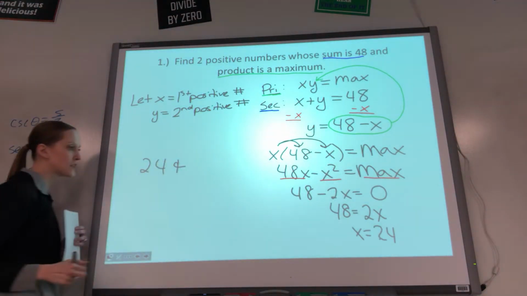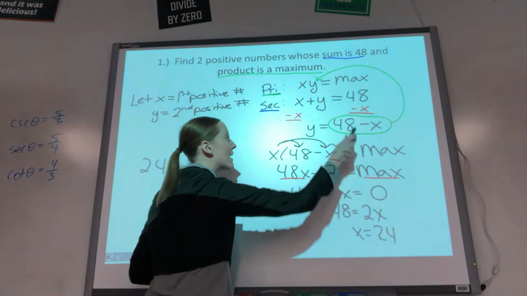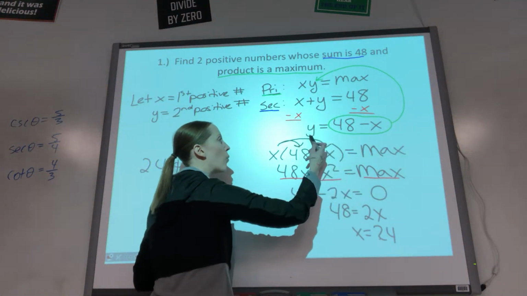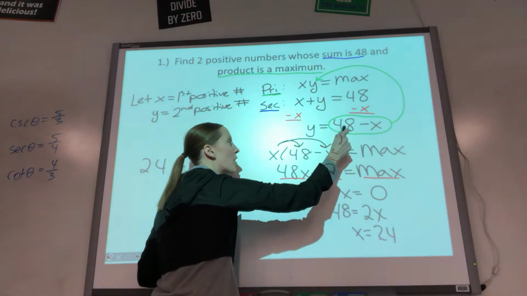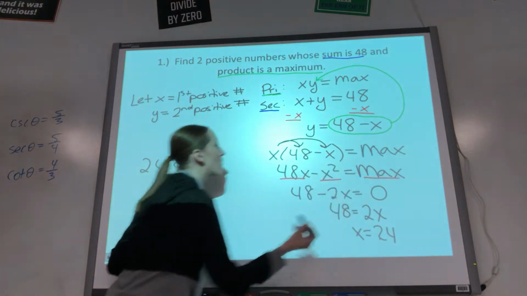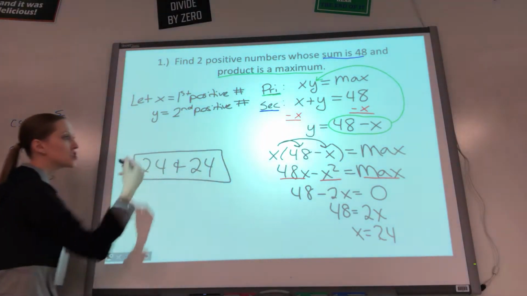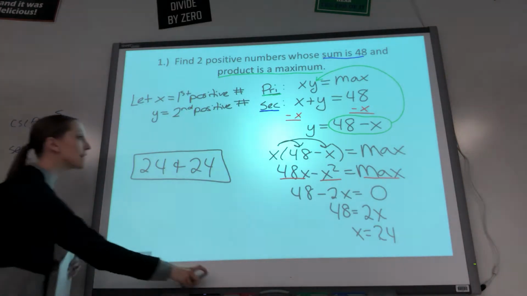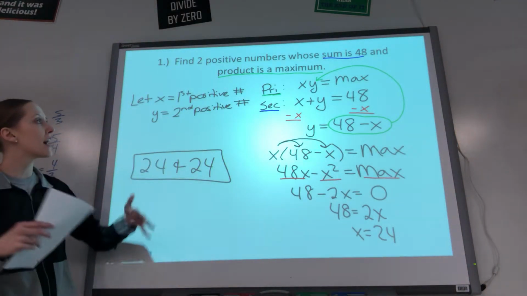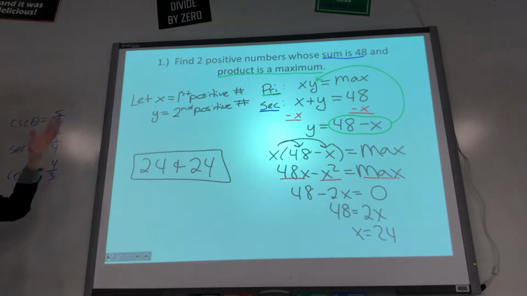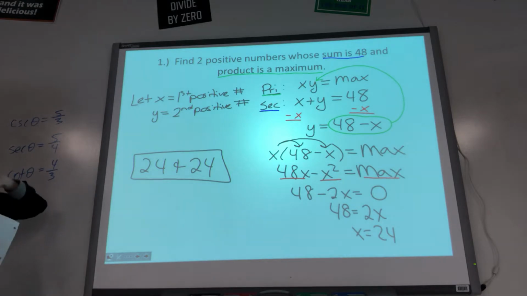So the first number is 24, and if you plug that back in to find what y is, it's probably easiest to plug it in right here. 48 minus 24, that's actually going to give you another 24. It's not always going to be the same number, but a lot of times it is. If you're trying to maximize a product, then most of the time you want to use the biggest numbers possible.